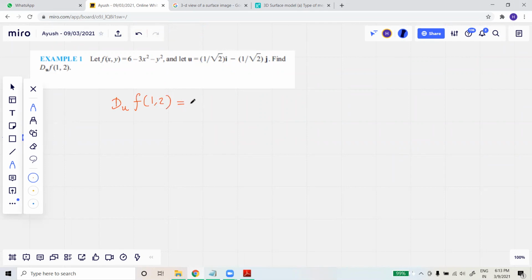So I think it will be fx of 1 2 i plus fy of 1 2 j.